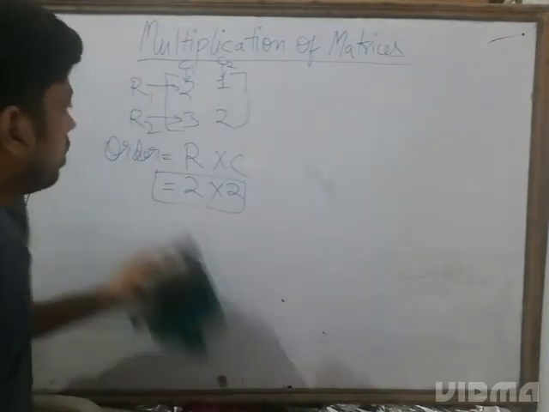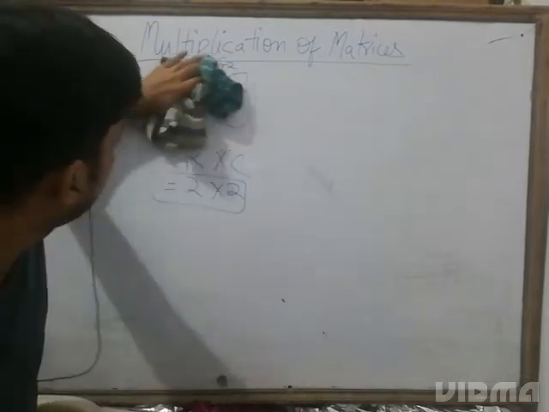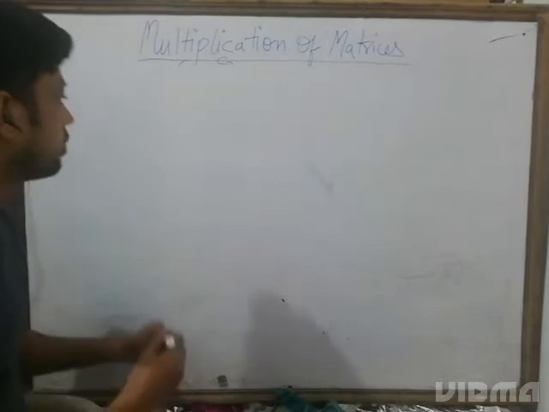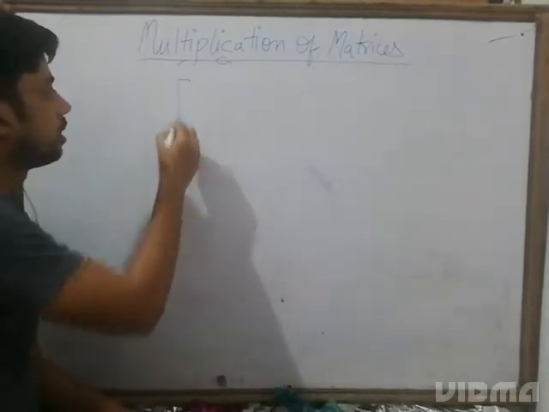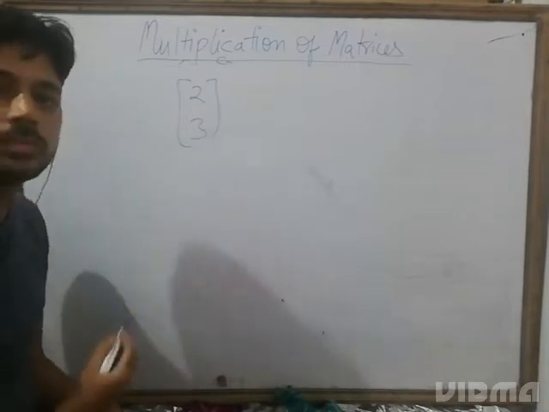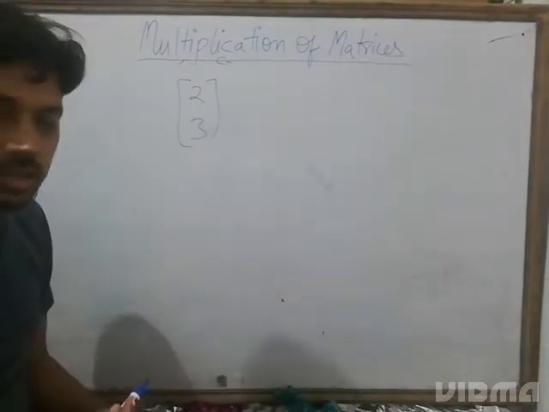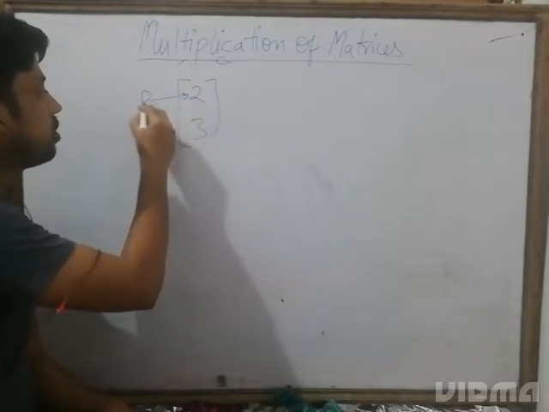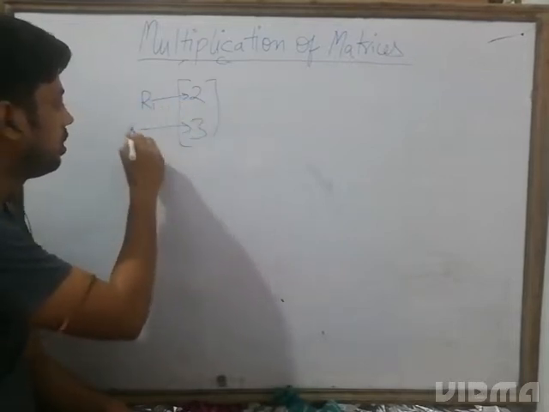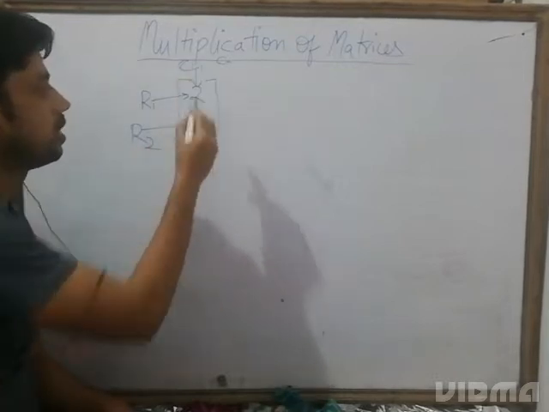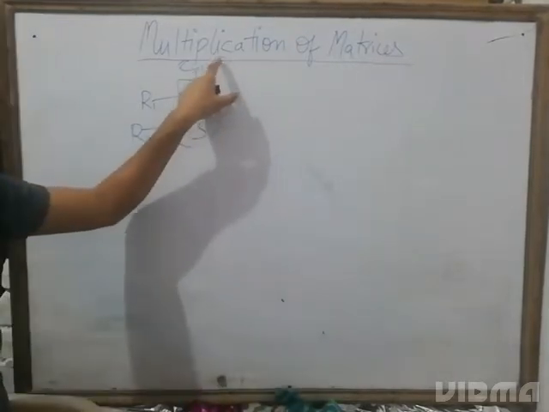Okay, another example of the order of a matrix. Suppose I have written over here 2, 3. What is its order? How many rows are there? Row 1 and second row. How many columns are there?